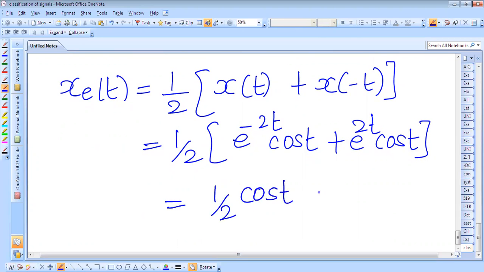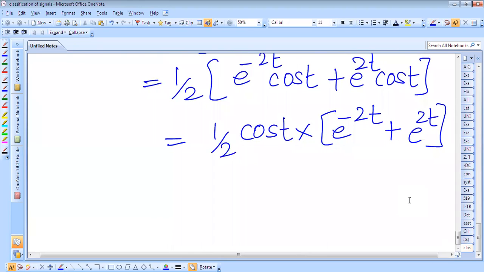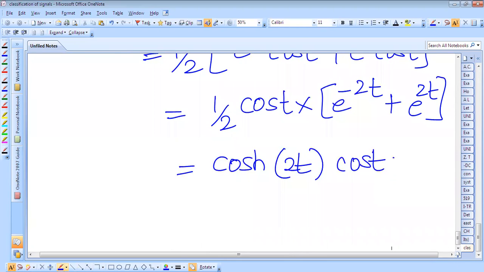So cos t into what remains, e raised to power minus 2t plus e raised to power 2t by 2, and instead of this we can write cosh of 2t into cos t. So this is the even component of the function.